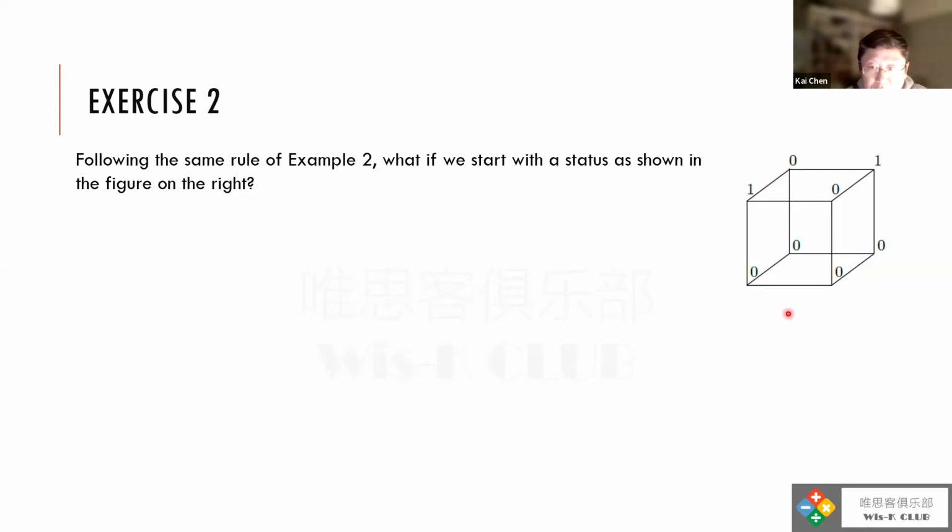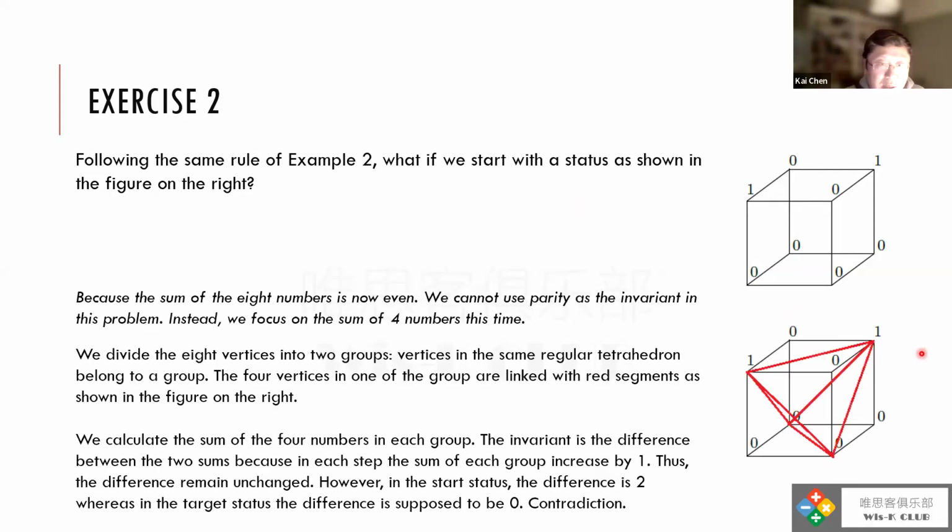So what are the two groups? Think about a regular tetrahedron. A cube has 8 vertices, but 4 of them form a regular tetrahedron, and the other 4 also form a tetrahedron, right?